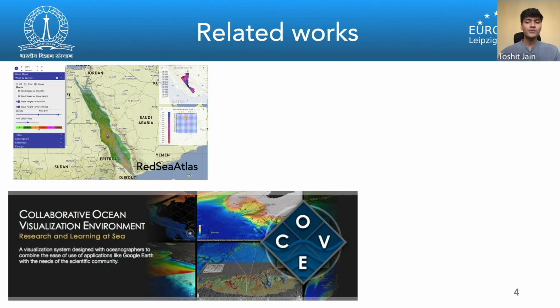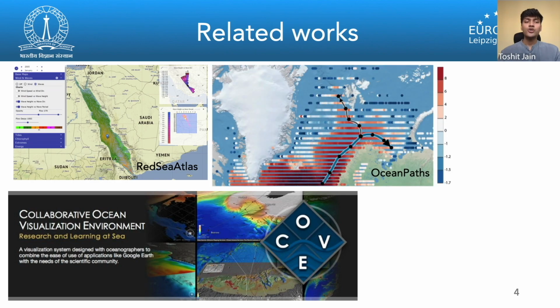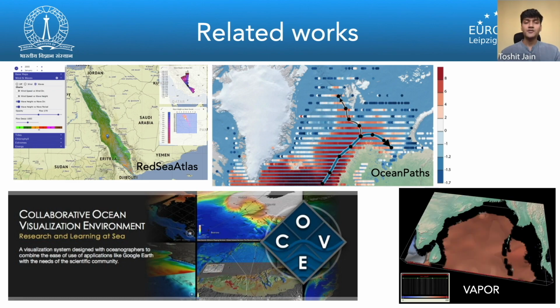It has different views for properties like winds, waves, tides, chlorophyll, etc. Ocean Paths is a data visualization tool that computes pathways, tracing ocean currents, and supports the plotting of different high-dimensional data along those pathways in 2 dimensions. Vapor is one of the few tools that provides efficient 3D visualization for oceanography, but has limited extensibility and scalability.